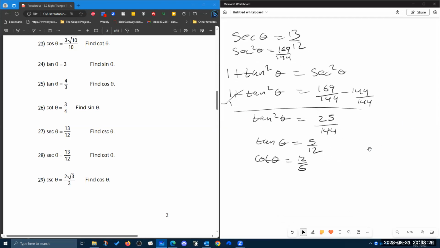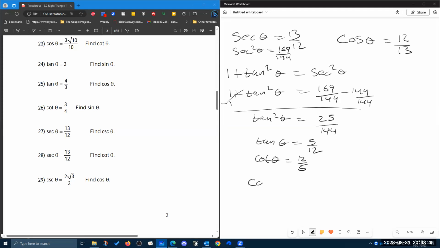And if I want to find cosecant now, cosecant is 1 over sine. So this is cosine over sine. Let's see if I have cosine here. It's 12 over 13.